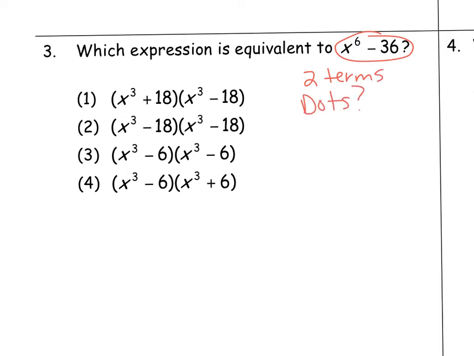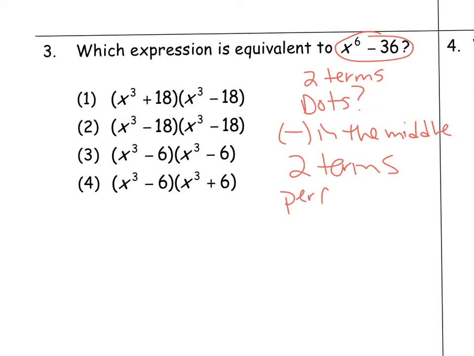So, is there subtraction in the middle? Yes. Are there 2 terms? Yes. Are there perfect squares? Yes. And are the exponents even? Yes. So we can do DOTS here.